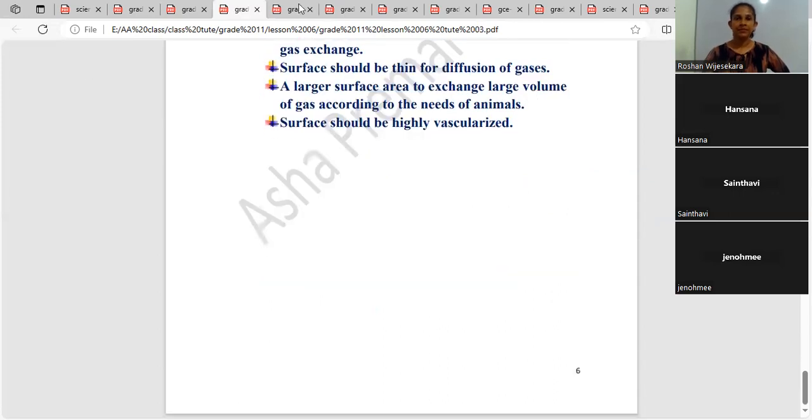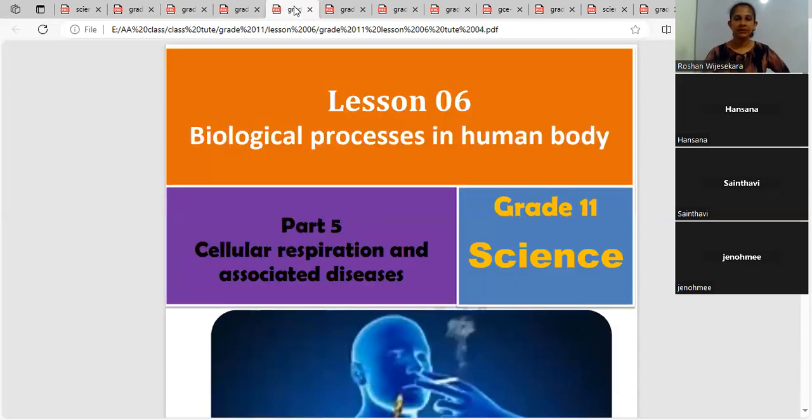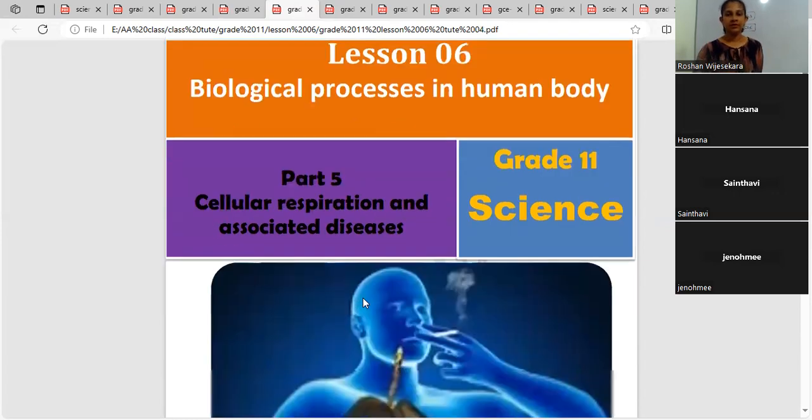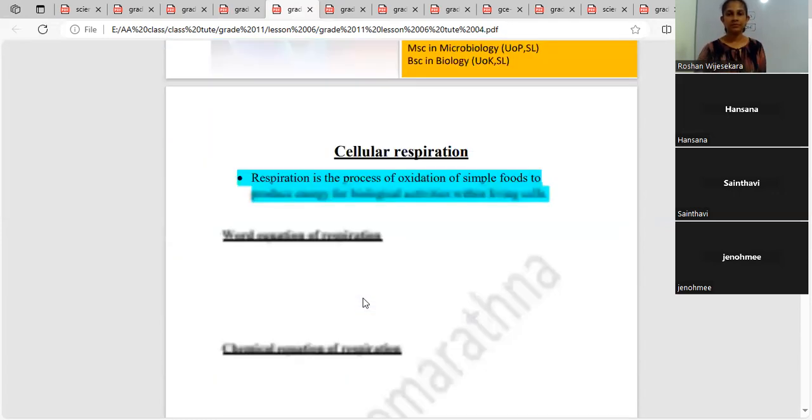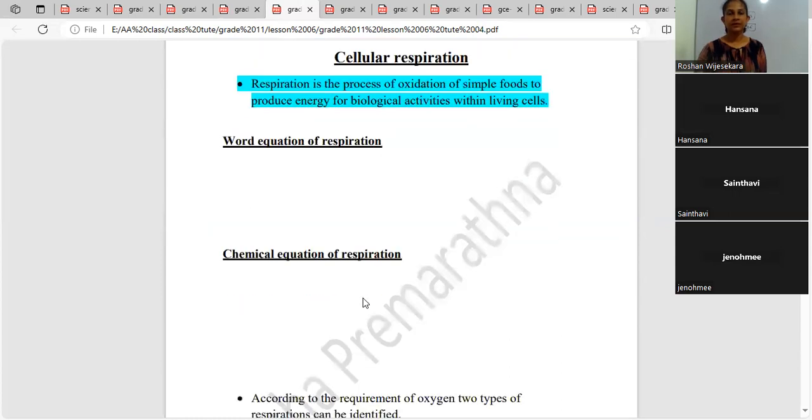Okay. Then our next tube. The second part of respiration, cellular respiration and associated diseases. Fifth tube, cellular respiration.